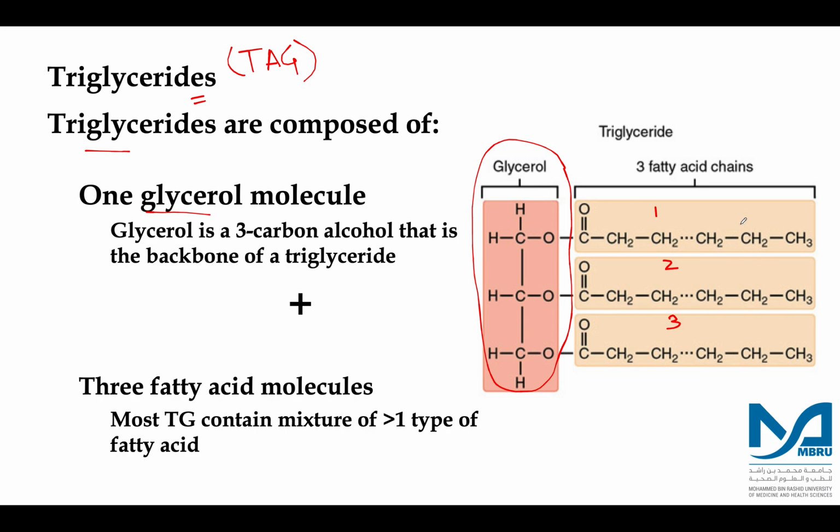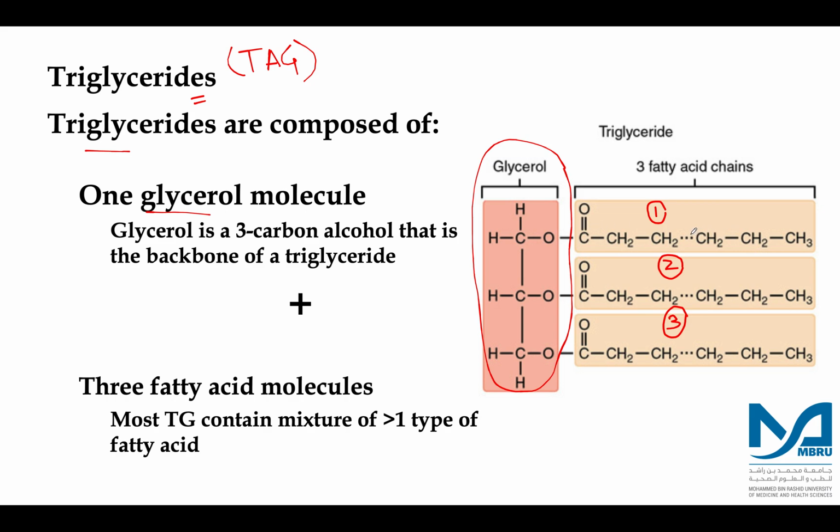Now the fatty acids that are attached to the glycerol molecule may be of different kinds. What I want to say here is, for example, fatty acid 1 may be a saturated fatty acid, whereas fatty acid 2 may be a monounsaturated fatty acid, whereas fatty acid 3 may be a polyunsaturated fatty acid.